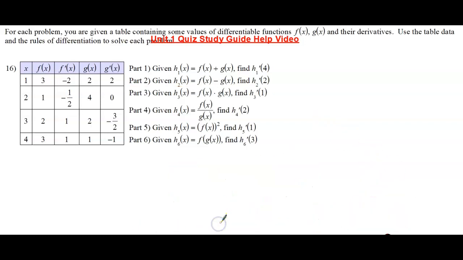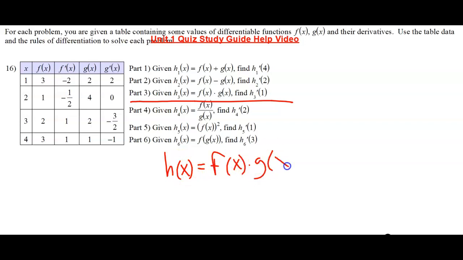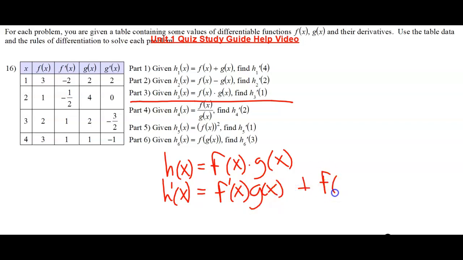All right, let's go ahead and take a look at part 3. All right, now in part 3, we have a product function there. We have two functions, f and g, being multiplied together. And so to find the derivative of this one, we need to do the product rule, which is going to be f prime of x times g of x plus f of x times g prime of x. Then we go ahead and plug the number in that they're giving us, which in this case is 1.